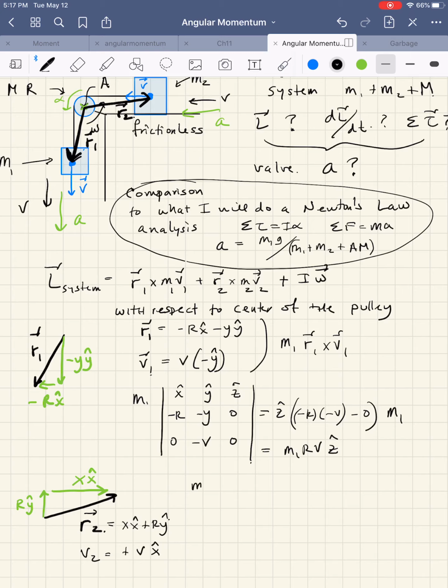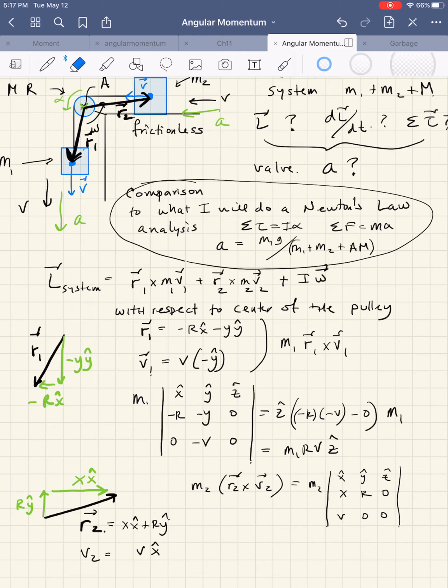So if I look at m2, r2 crossed v2, where I've pulled the m out because it's a constant in the cross product, I'm going to get something similar if I write this out completely. And in fact, oh shoot, I made a little boo-boo, I just realized.